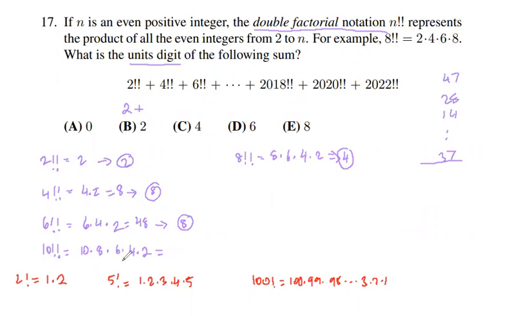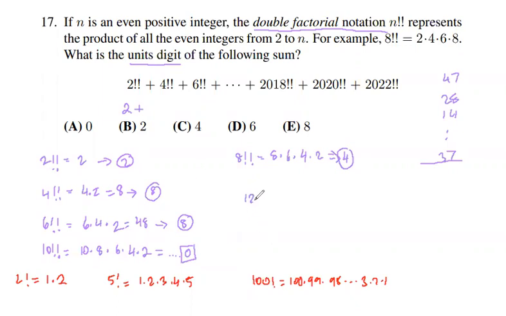If you look at this, whatever you multiply right here will give you a digit at the end, but then you're going to multiply that by 10, which gives you a number with 0 at the end. So the last digit of 10 double factorial will be 0. It will be the same for anything higher than that.